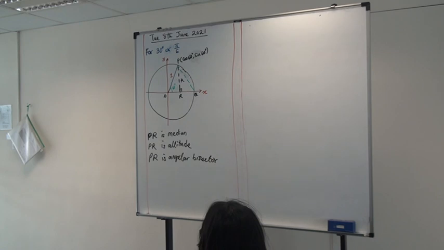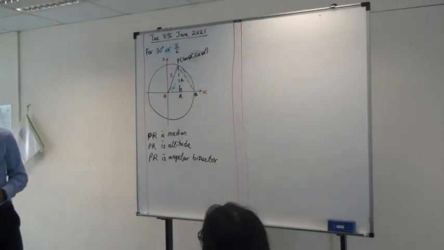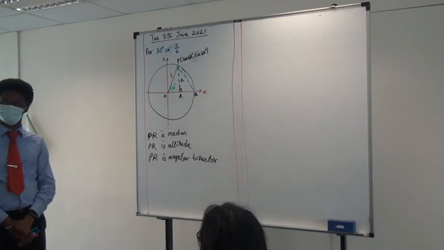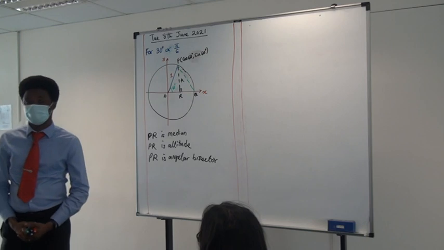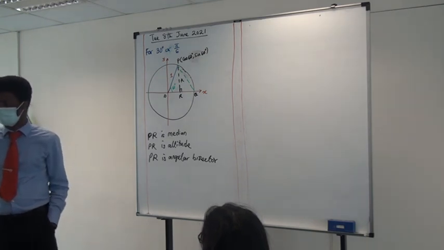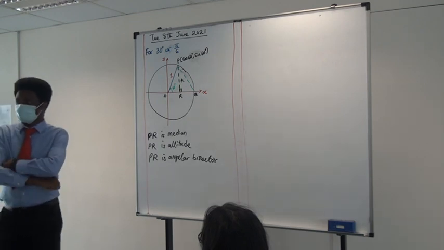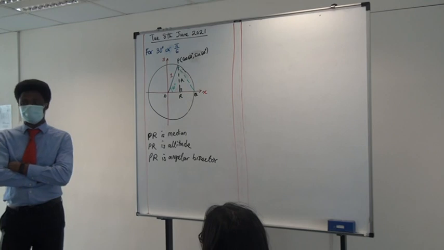What is altitude? Isn't altitude just the height? I think so. When you go on the plane, don't you hear the word altitude? Yeah, I heard that, but I'm not sure. Median, altitude, angular bisector.